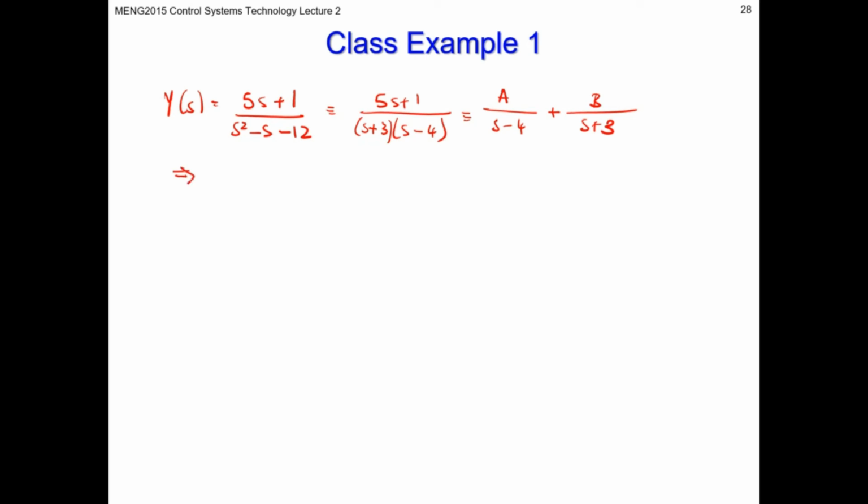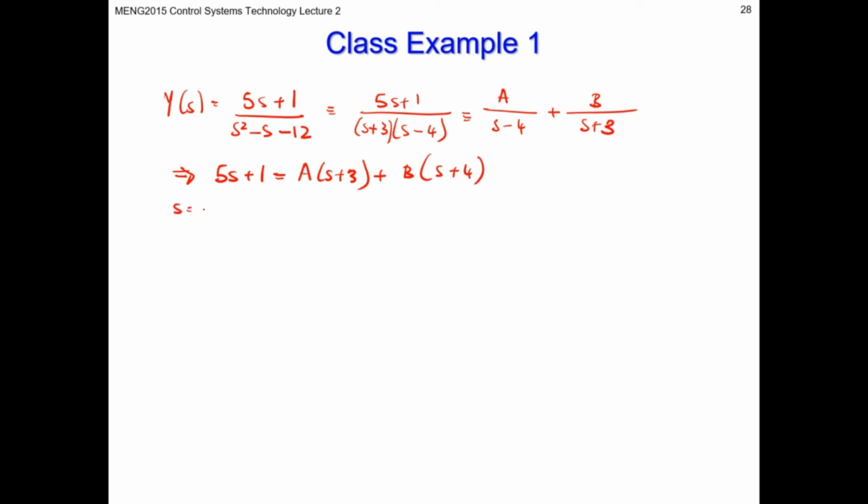So if we cross multiply by the denominator, 5s plus 1 is going to be equal to a into s plus 3 plus b into s minus 4.